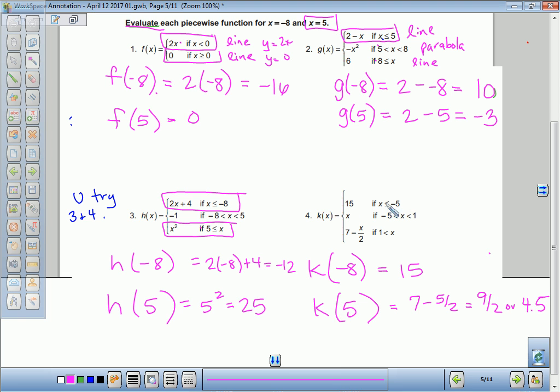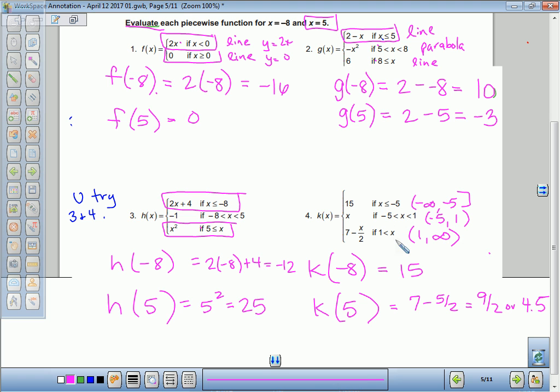Okay. Now, I could have also written this in interval notation: from negative infinity to negative 5, from negative 5 to 1, from 1 to infinity. Which do you like better? Interval or inequality? Inequality.